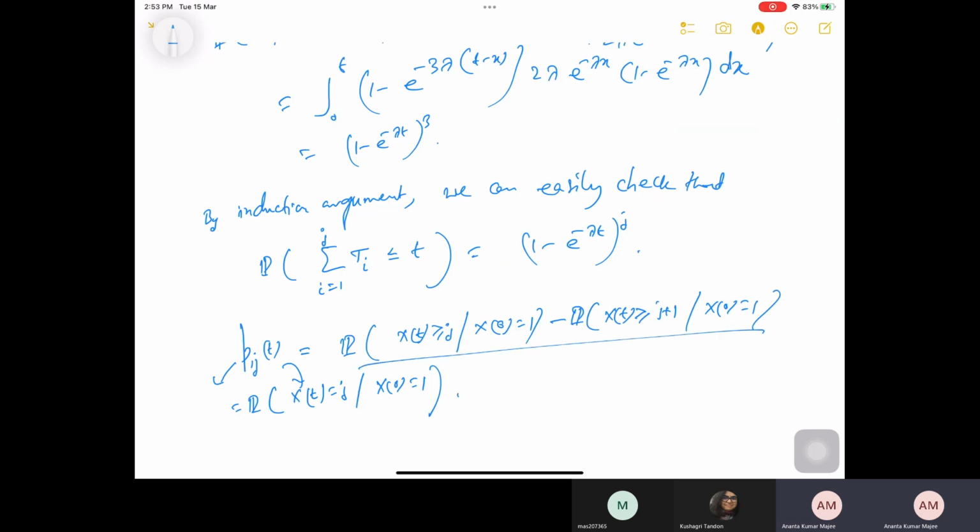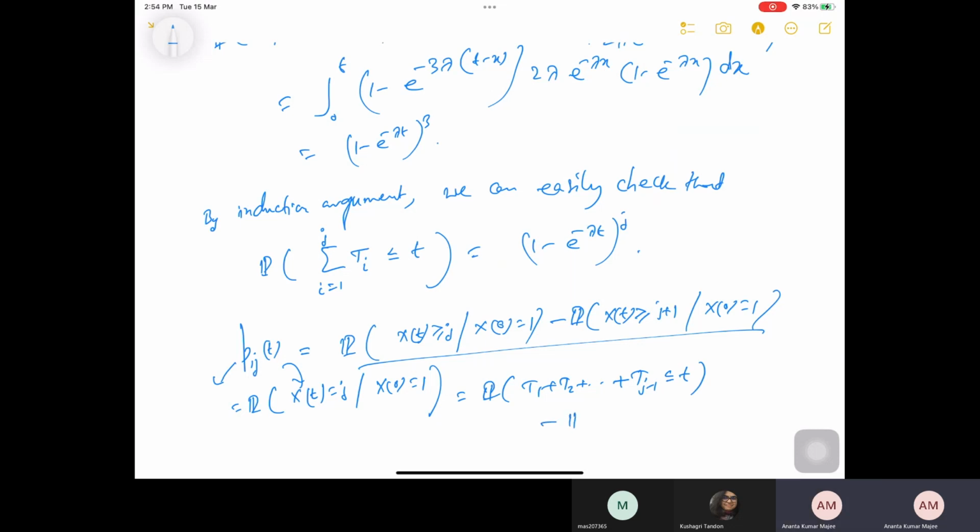So now this one I can write down in terms of my time taken t. I know that X(0) is equal to 1, so X(t) greater or equal to j, the number of population greater or equal to j, means this is nothing but the probability that T1 plus T2 up to T_(j-1) should be less than or equal to t, is it not?